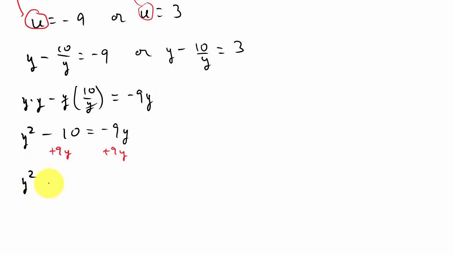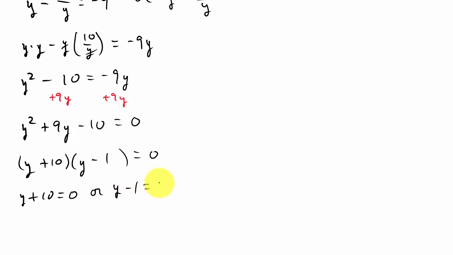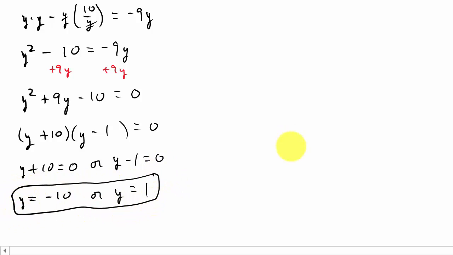So I get y squared plus 9y minus 10 equals 0. And then I solve this. This is a quadratic, so I'm going to factor it. So that's y plus 10, y minus 1. So y plus 10 equals 0, or y minus 1 equals 0. So I get y equals negative 10, or y equals 1. And so there's two solutions.